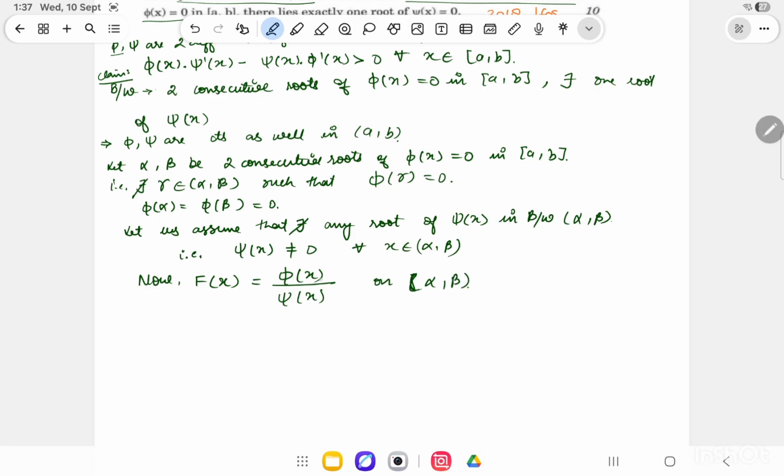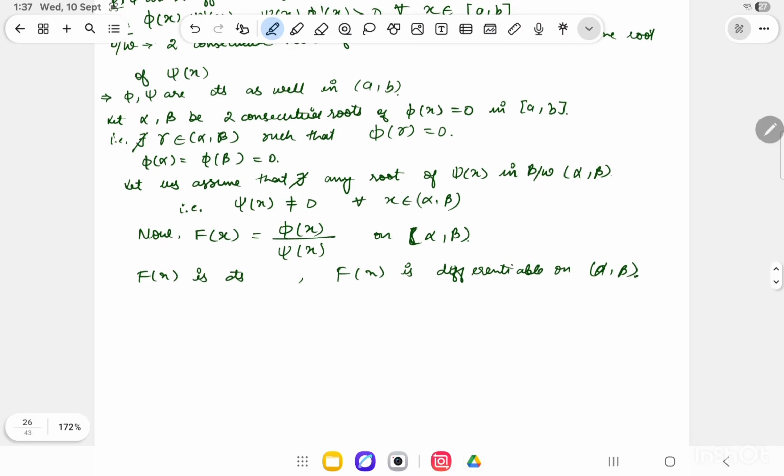This function is basically the division of two continuous functions, so capital F x is continuous and also differentiable on the interval (alpha, beta). Now F of alpha will be phi of alpha divided by psi of alpha, and my phi of alpha is 0, so F alpha is 0. Likewise F beta is phi of beta divided by psi of beta, and my phi of beta is again 0, so F beta is also 0.